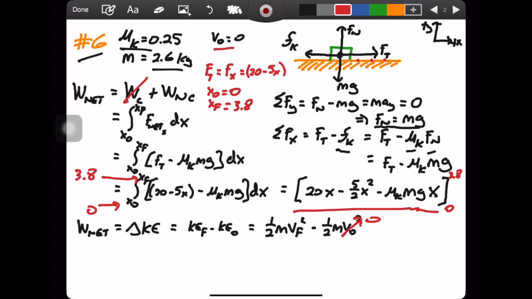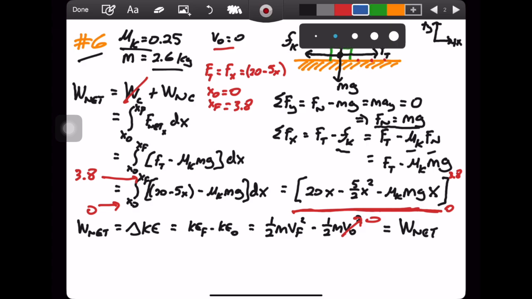So now I can multiply by 2 and divide by m to isolate v final squared, which is what I want to solve for. Again, we're asked, what is the block speed when it's been pulled 3.8 meters? So let me remind you that this is equal to the net work, and the net work we already computed. That's what I'm underlining in red.